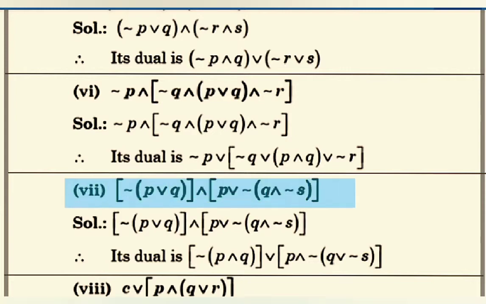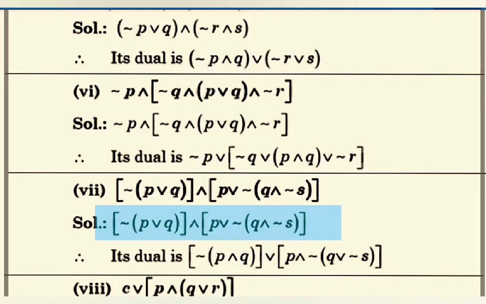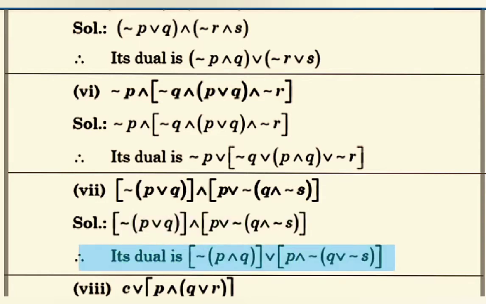Next, in bracket negation, in bracket P or Q, bracket close, and again next bracket P or negation in bracket Q and negation. First write the statement as it is, and its dual is negation in bracket, with only the symbols changed.